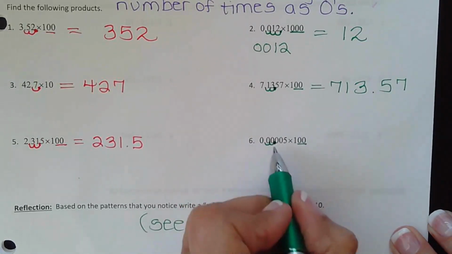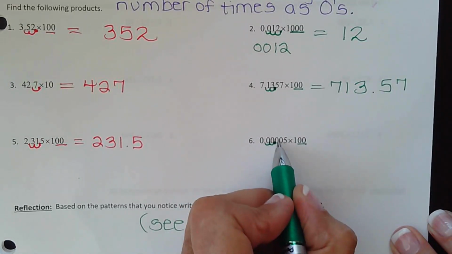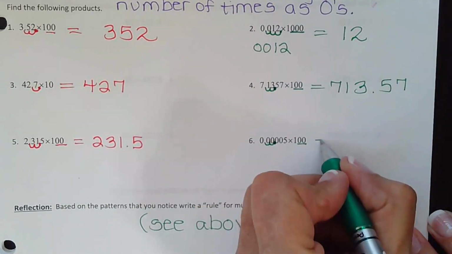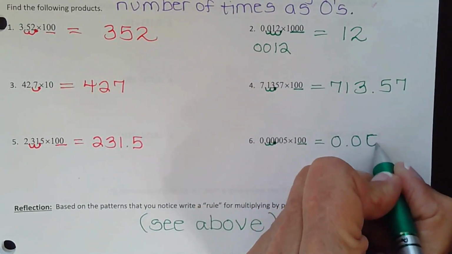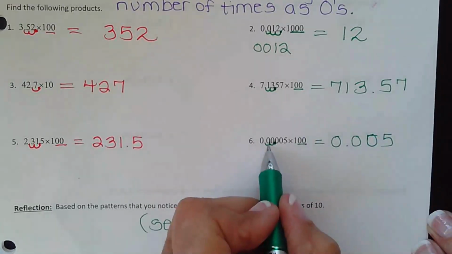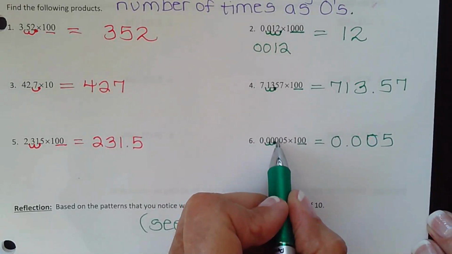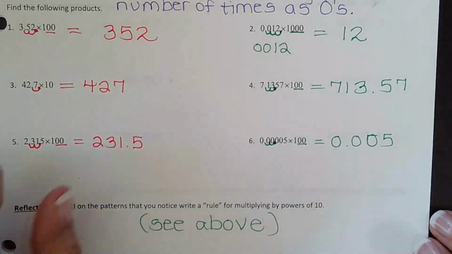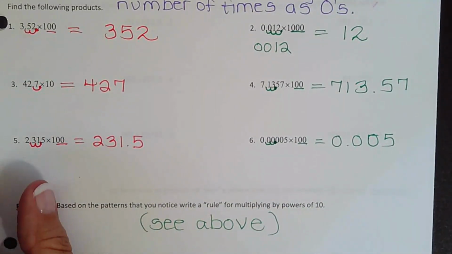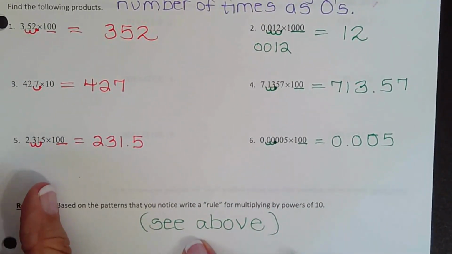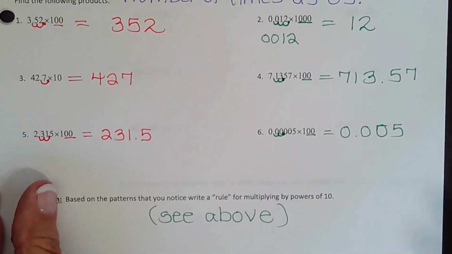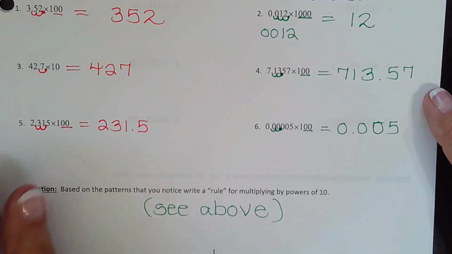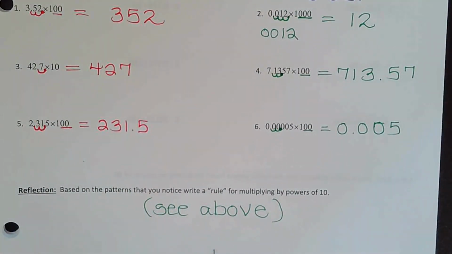So that looks like 0.005 is going to be your answer. And then I just wrote C above here where it says what's the rule for this. We already wrote that above.